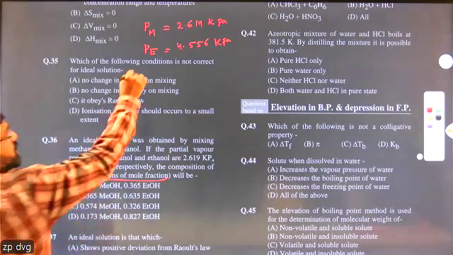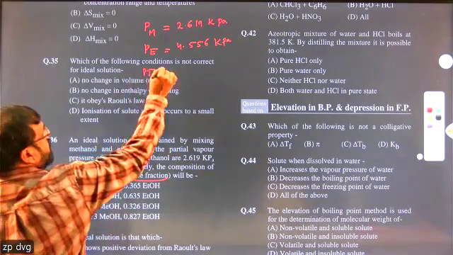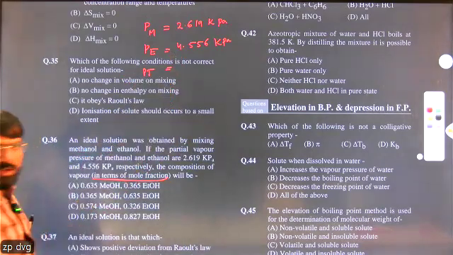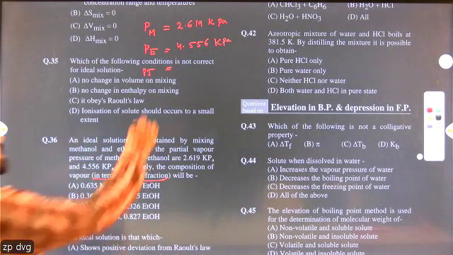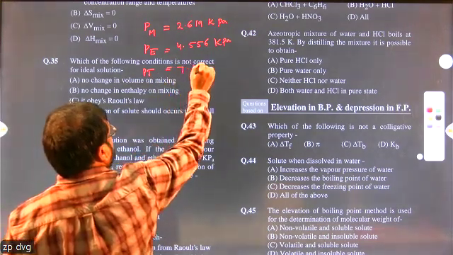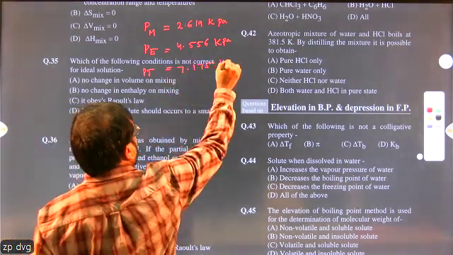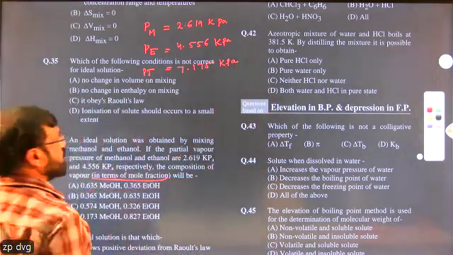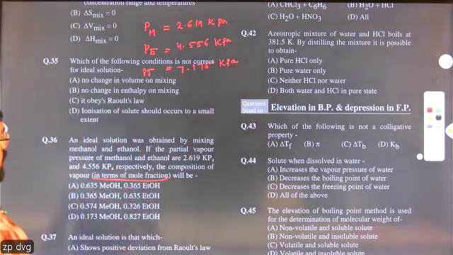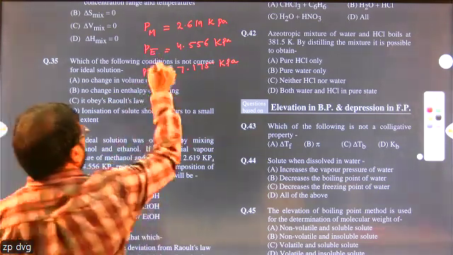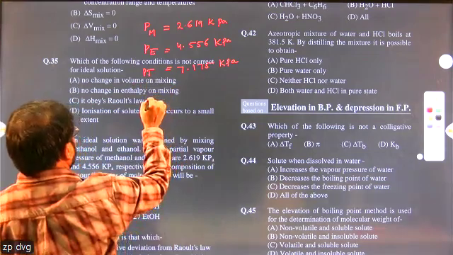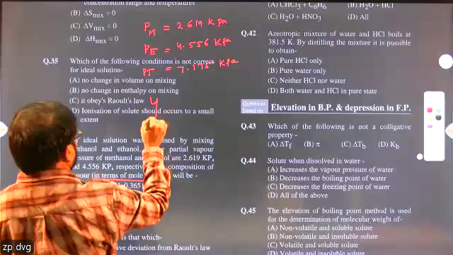So how much total pressure will we get? If we take the sum of these two, total pressure is 7.175 kilopascals. Next, we have to calculate the mole fraction of methanol.